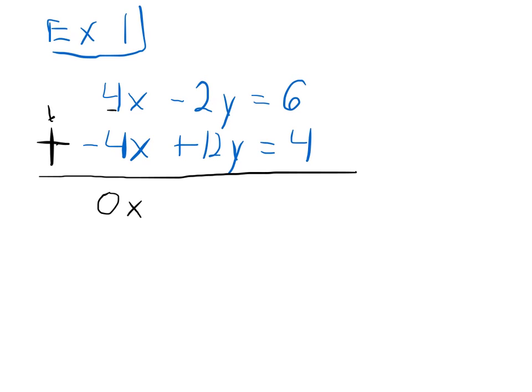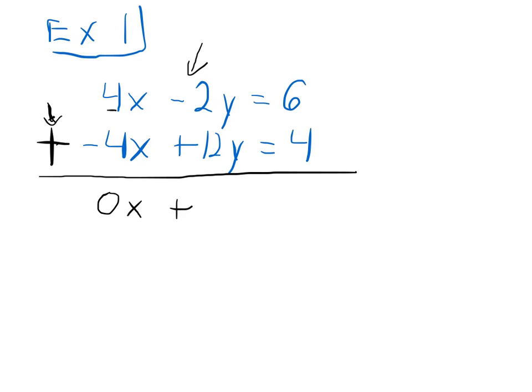Now on your calculators, the key to this, you guys, is you have to pay attention to the signs. This is not 2, this is negative 2. So on your calculator, do negative 2 plus positive 12. And if you do negative 2 plus positive 12, you're going to get a positive 10, or a positive 10y.